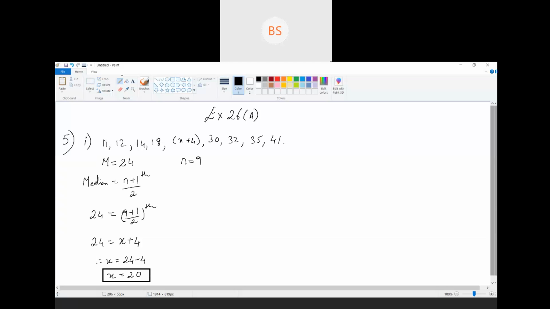Okay. So this was regarding the ungrouped data. Now we will see grouped data, where the observations are given in tabulated form. Then we'll do question number 7.